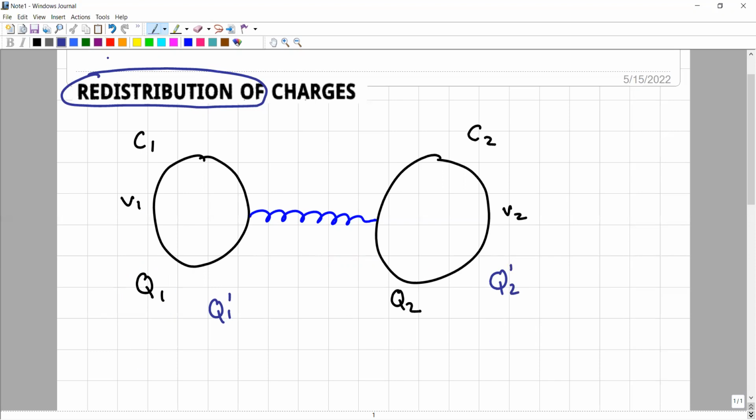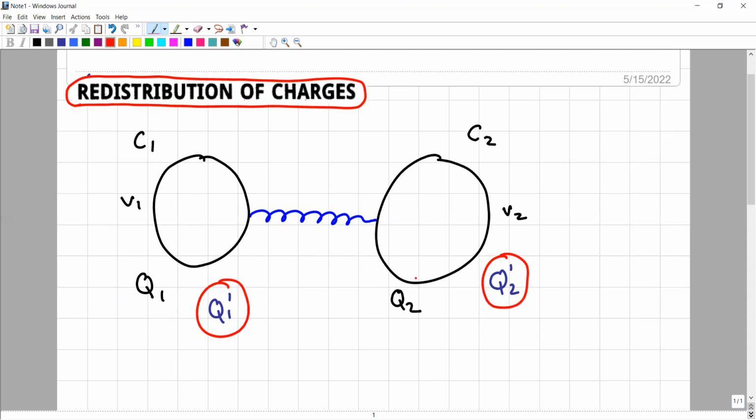So this is what we have to understand, what happens when this redistribution of the charge takes place, and what will be the new charge on these capacitors. Why new charge? Because some charge distribution has taken place.